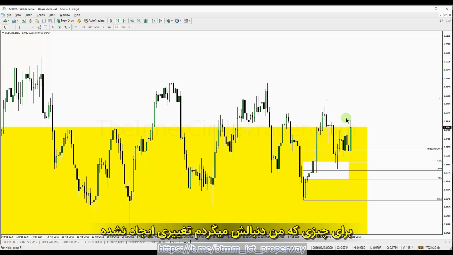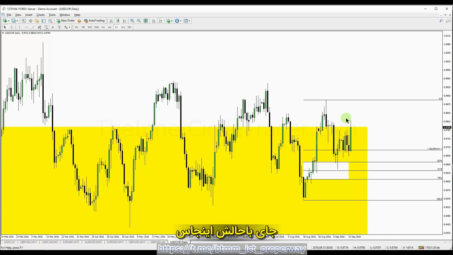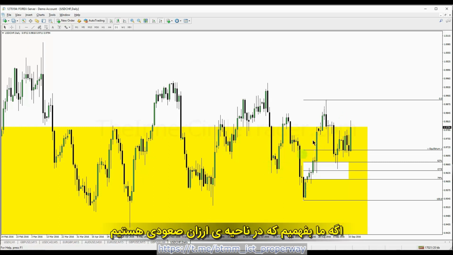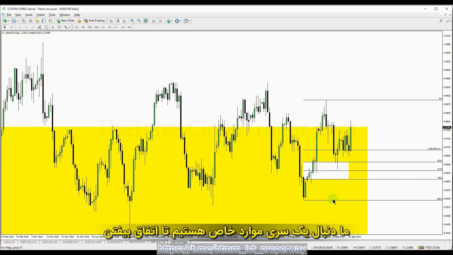Nothing has been changed in the delivery of what I look for relative to bullish order blocks, turtle soups, all that business. Here's the cool thing. If we understand that we're bullish in the discount zone like we've had here defined by this Fibonacci level, down in this area here, we're looking for specific things to happen.